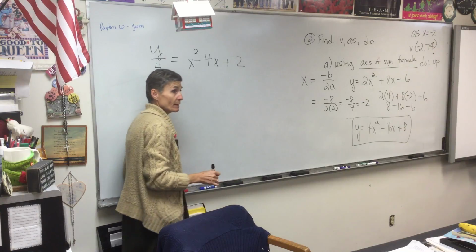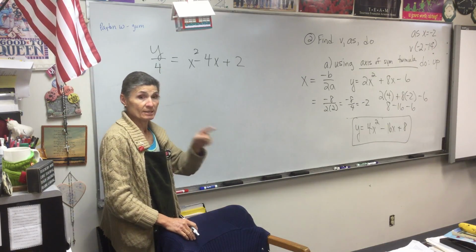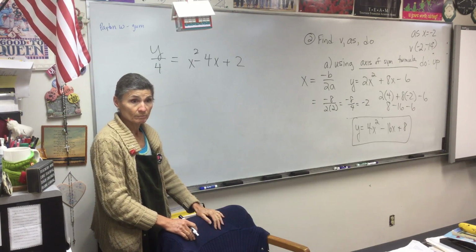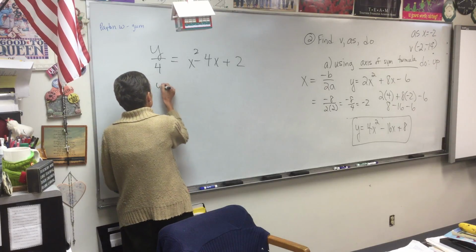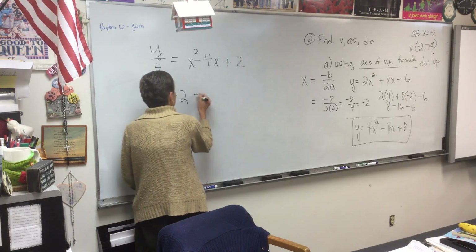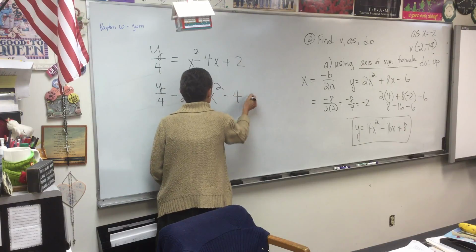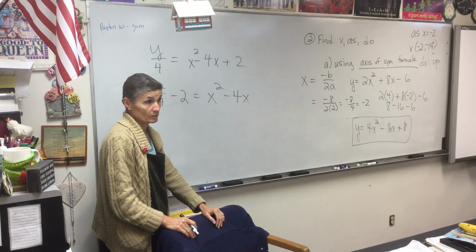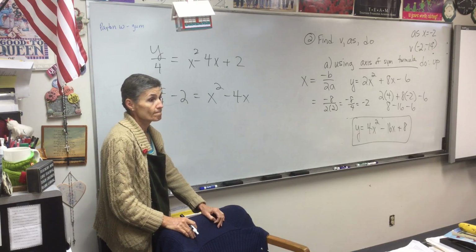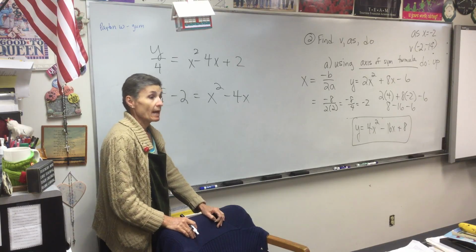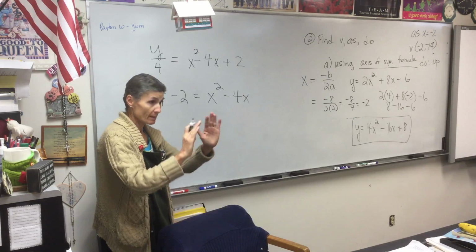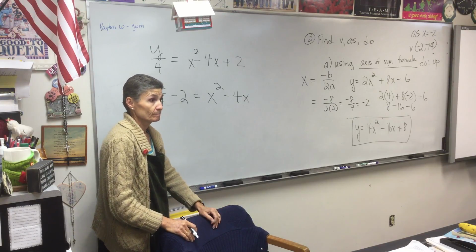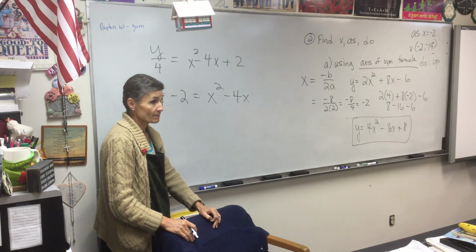Is that okay with everybody? And there's still something else we have to do. Minus the 2. You can never have the coefficient on the x squared. In the end it will, after you've made the square, but you have to make the square first. Okay? That's the rule.